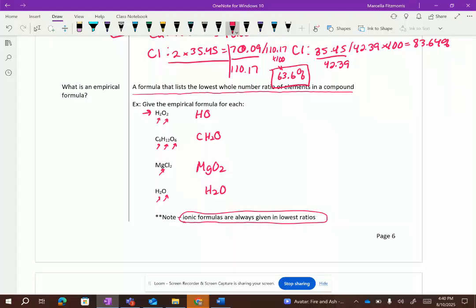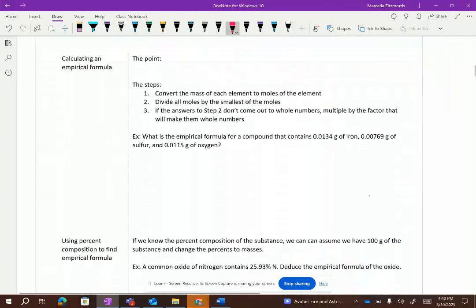All right. So what's important about an empirical formula? Well, what's important about the empirical formula is it's a middle step into figuring out what something really is when you're dealing with lab. So when we get lab data, it's important that we're able to calculate to find an empirical formula.